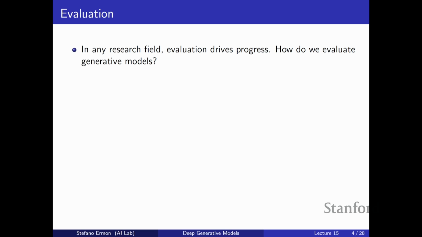We live in a world where people make their models open source. You can clone a GitHub repo, make a change to a model or to a training objective, and get something new out. It's very important to be able to quantify whether your proposed solution is better than something that existed before. And again, that requires you to be able to evaluate different kinds of generative models.